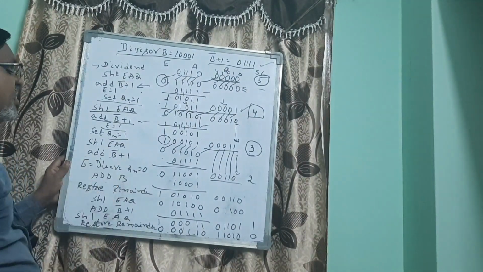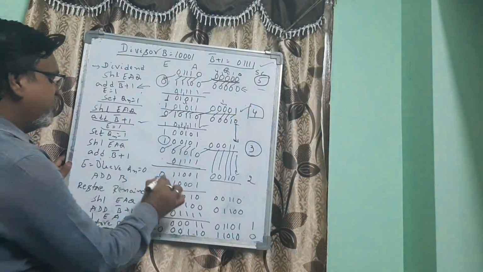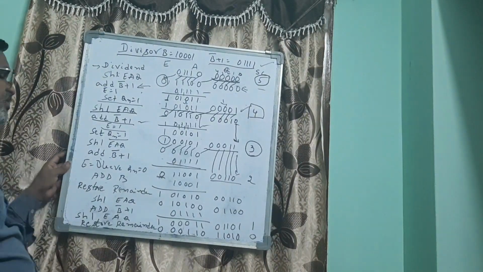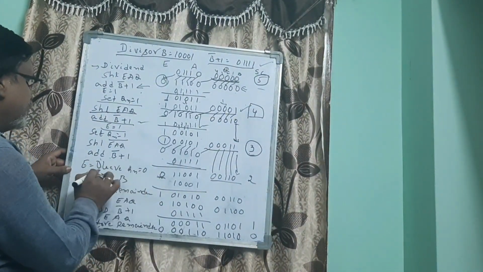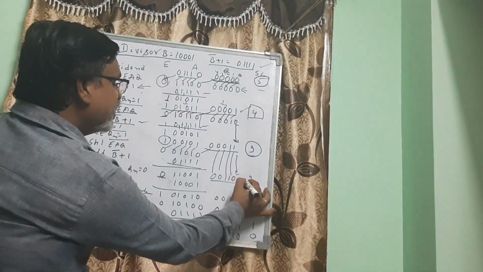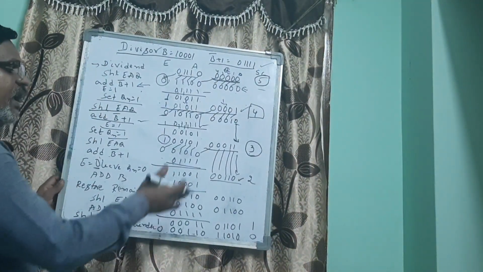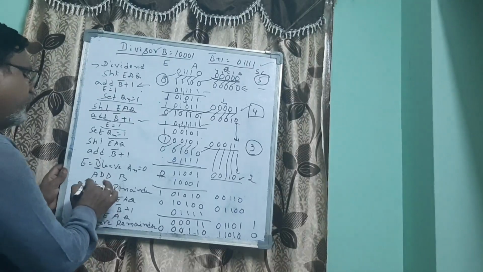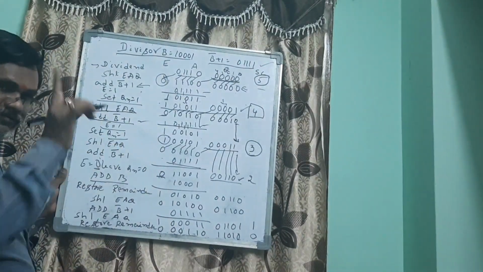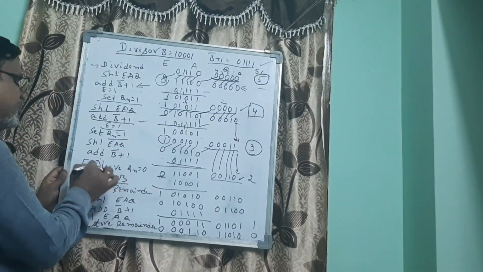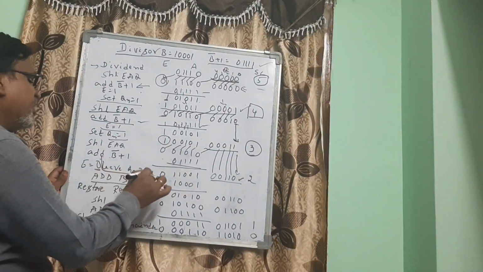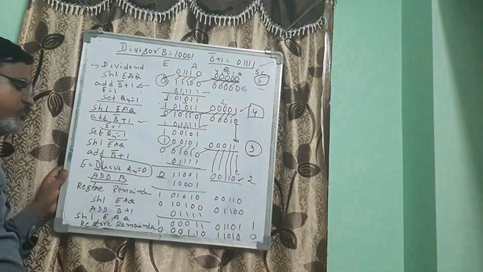Because E is 0, we are going to leave the value as it is. So after E is equal to 0 and leaving it as it is with a new 0, no need to add anything in the Qn value, we are going to perform add B. In the flowchart you can check that if E is equal to 0 we leave Qn as 0 bit and we are going to add B.